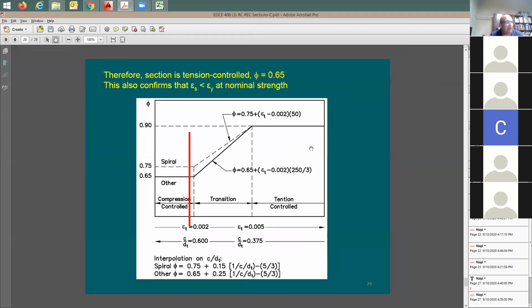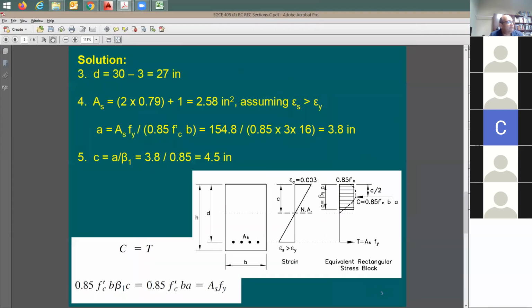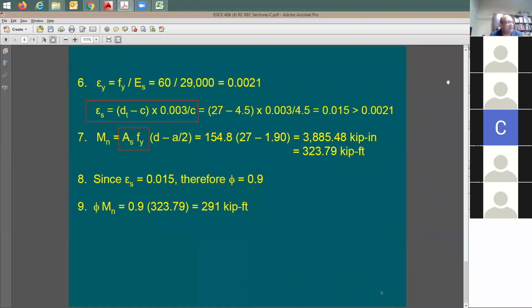Wow, this is going to be here, right? You have lots of strain. This is good. Your phi factor here is 0.9. Okay, so what should I do next? Take the 0.9 multiplied by Mn. Now you are going to have phi Mn, which is the strength of my section.